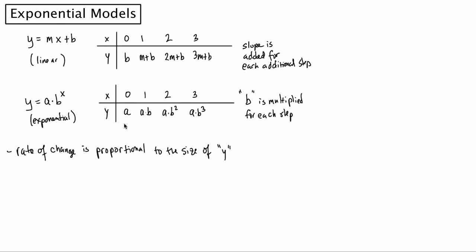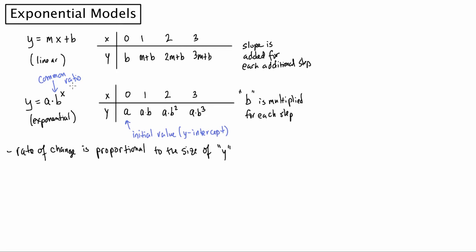Now, a couple of things that we can pick out immediately from this: because when x is 0, y is a, a is often called the initial value. It is the y-intercept of an exponential graph. The value b is called the common ratio.